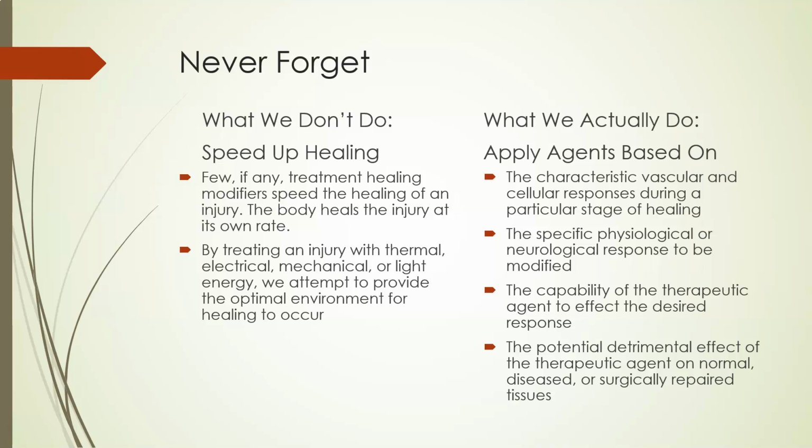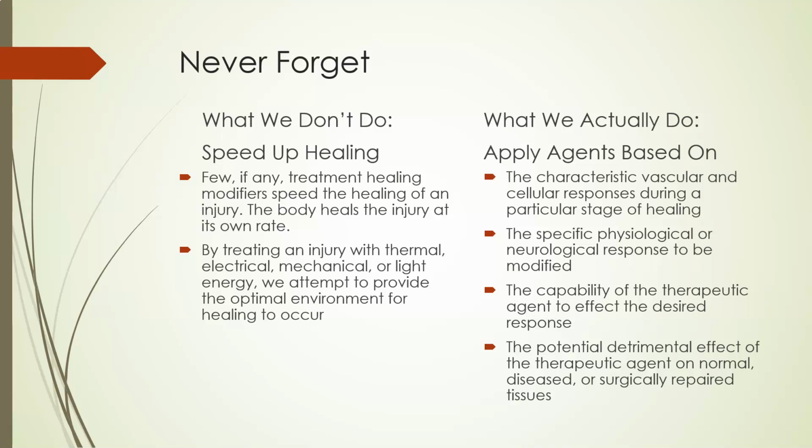The characteristic of the vascular and cellular response during that particular stage of healing, specifically what is going on. That's why we're focusing on these cellular and vascular responses, so we have a good understanding of what is going on. So we then can continue on and understand the specific physiological or neurological responses that the therapeutic agents can and do affect.